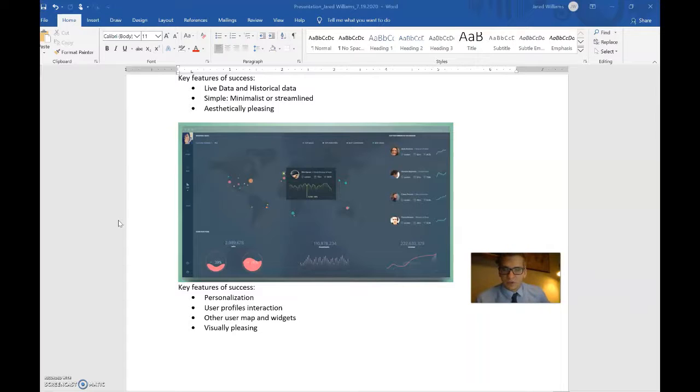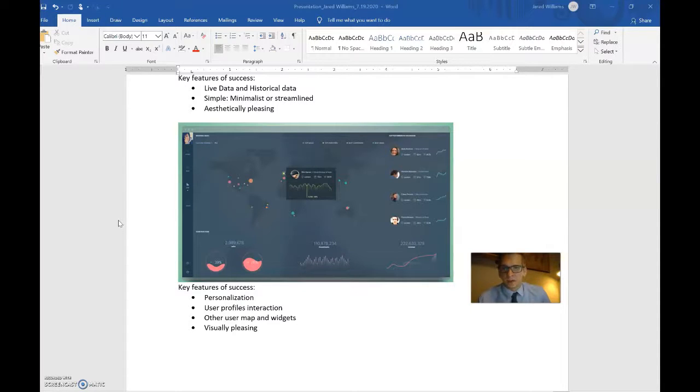So, with this last visualization, I just want to point out why I think this one is a successful dashboard: it has all the elements that we would see in a normal dashboard, but it's layered with personalization, and it also has insights into other users and their use of the dashboard. That kind of interoperability I think is really interesting.